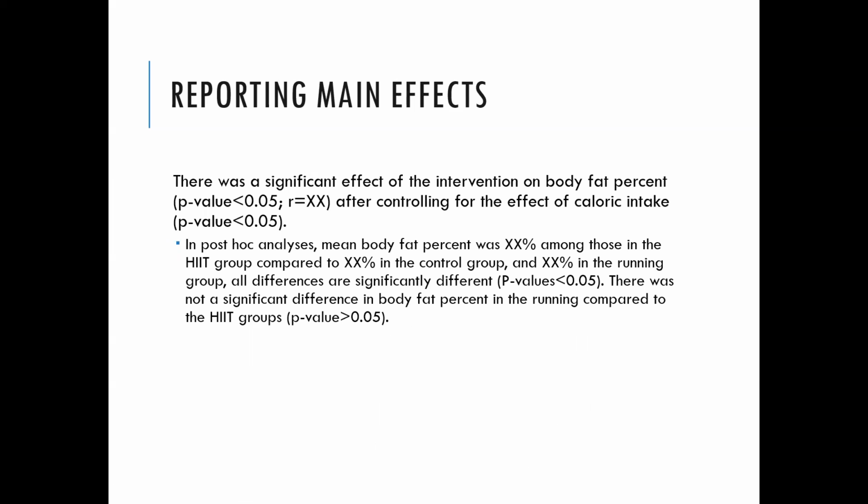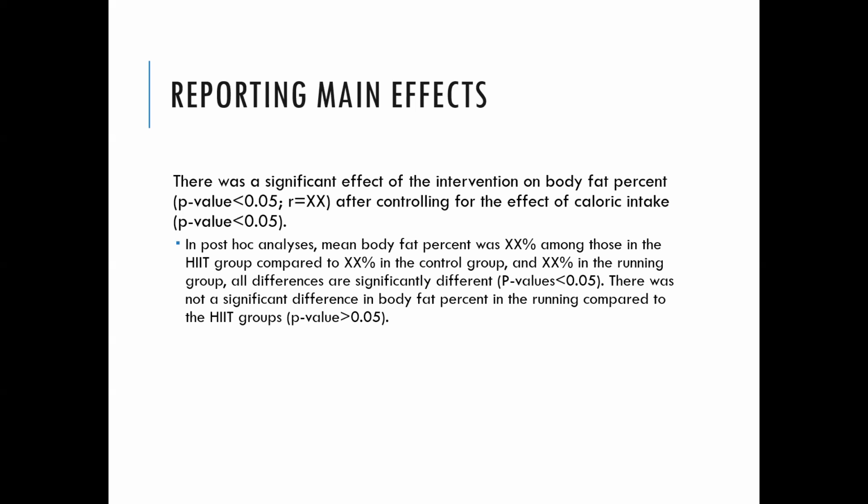So how would we report the main effects once we run our model? We would say there was a significant effect of the intervention on body fat percent, so p was less than 0.05, and then we report our F after controlling for the effect of caloric intake. In post-hoc analyses, mean body fat percent was XX percent among those in the high intensity interval training group compared to XX percent in the control group and XX percent in the running group.